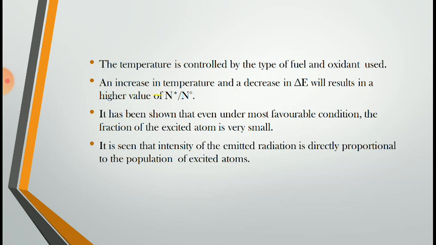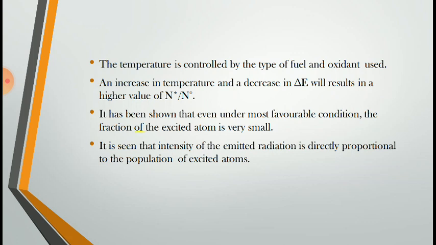An increase in temperature and a decrease in delta E will result in a higher value of n star upon n0. That means, increase the temperature and decrease the value of delta E, and higher will be the value of n star upon n0.